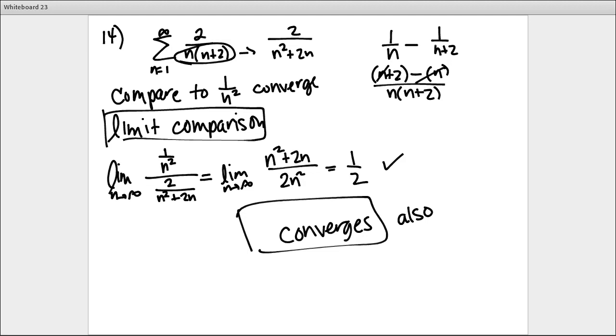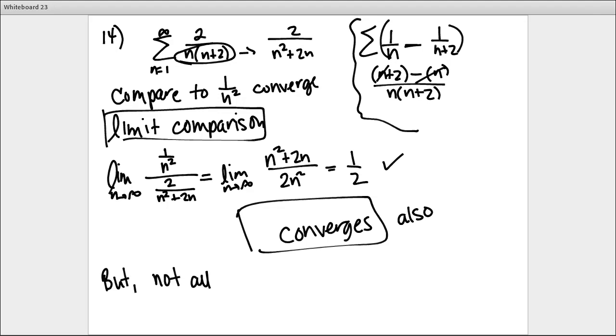Practice those telescoping by expanding it out and doing it. But be careful because 14 looked like that. Here was the original 14, looked like that.